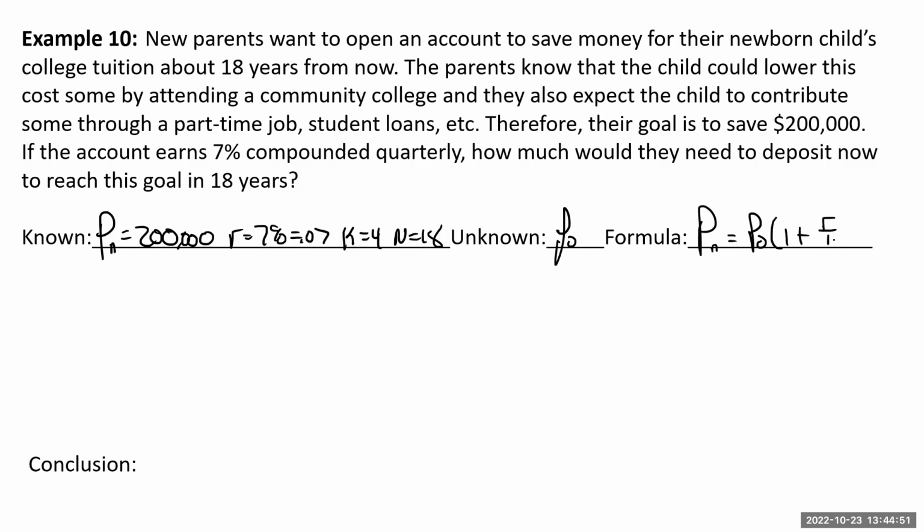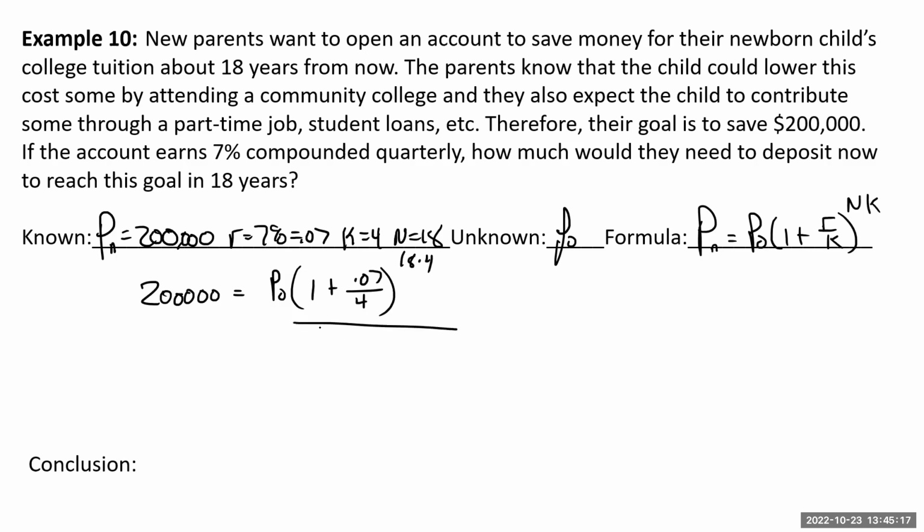And since it's given us a compounding time, we know that we're using the compound interest formula. Okay, so subbing in to our formula here, we've got 200,000 is equal to P sub 0 times 1 plus 0.07 over 4 raised to the 18 times 4.